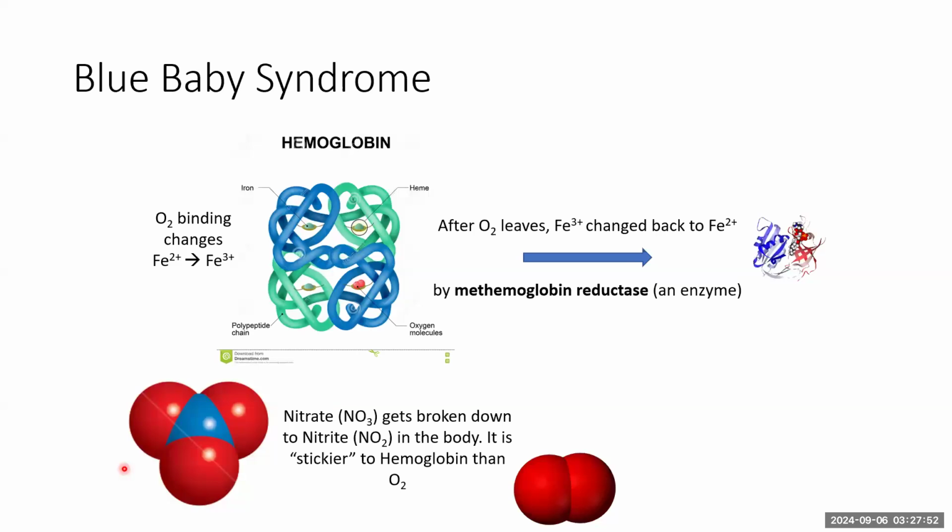So if there's nitrate, we know there's nitrite because nitrate doesn't exist that long. It gets converted pretty quickly into nitrite. And it's the nitrite that ultimately causes the problem.